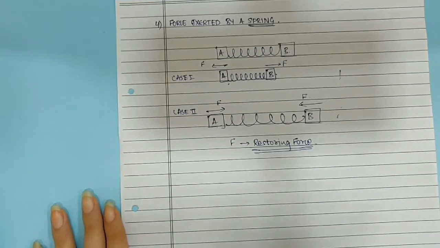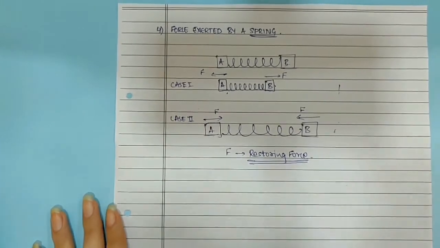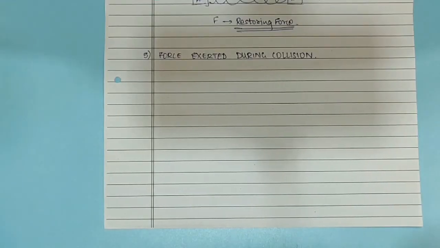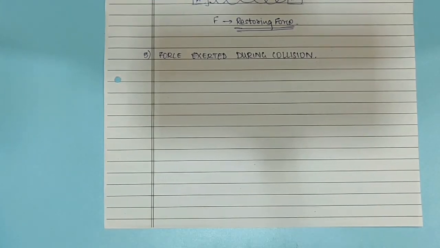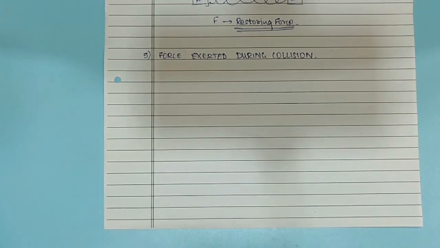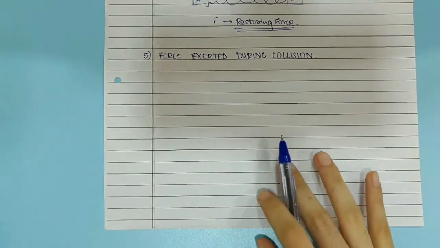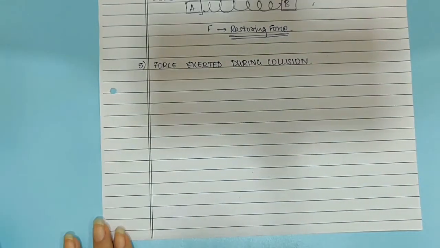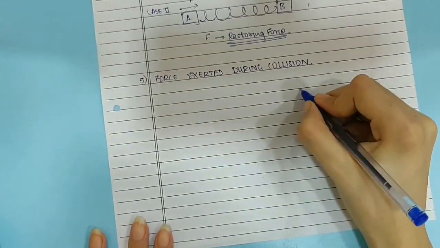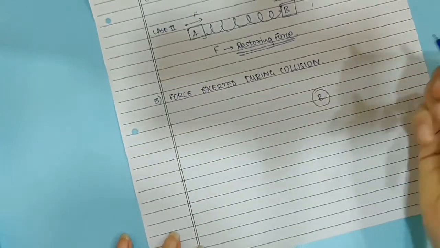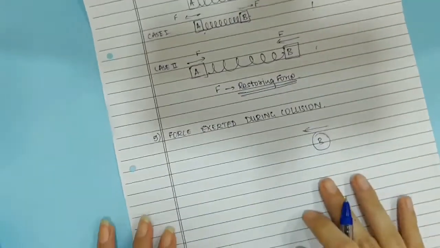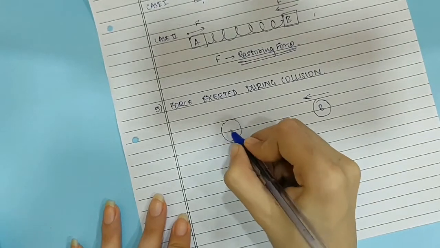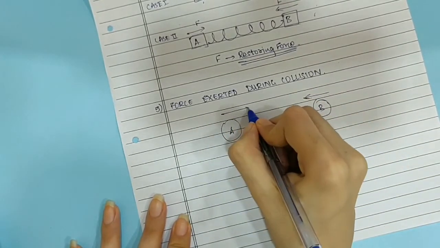Now coming to the force exerted during collision. So what does that say? It says when two bodies collide, they push each other and move apart after collision. So suppose I have a body B which is moving, and I have a body A which is also moving.